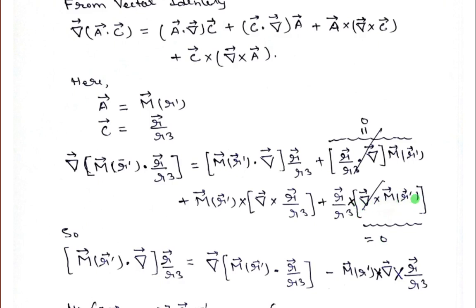So this will be equal to 0. Similarly, here r vector upon r cube is obviously a function of x, y, z, and the del operator is also a function of x, y, z. If you take the dot product, the del operator will not operate on the x, y, z, because that is the dot product in the opposite side. We are not taking the divergence, we are taking the dot product.